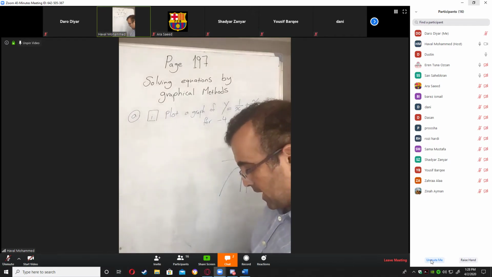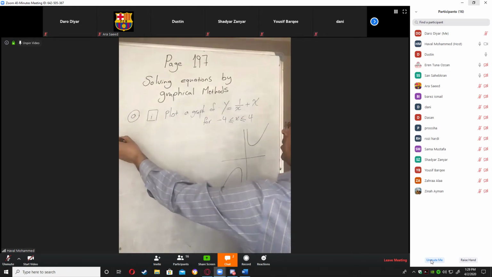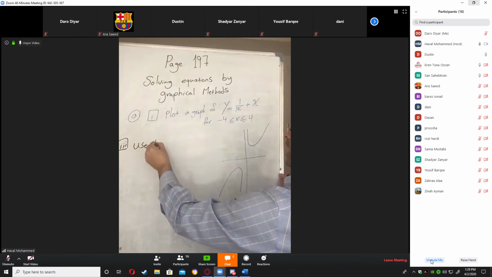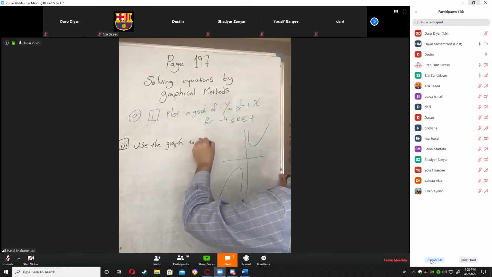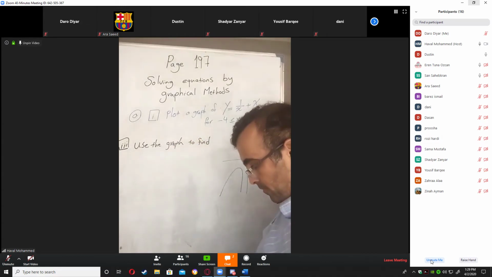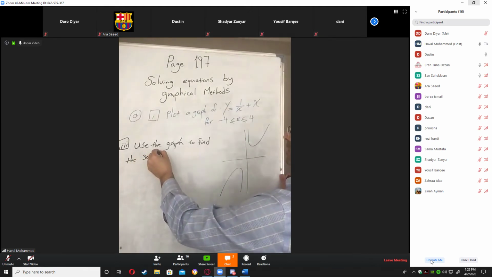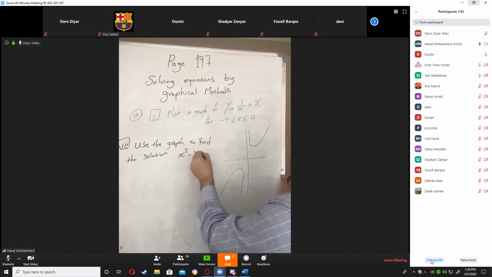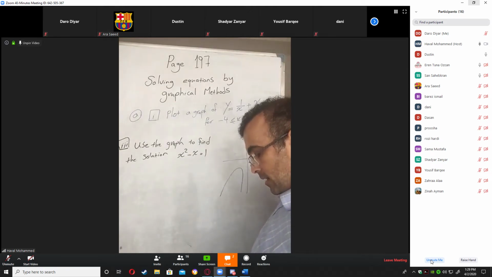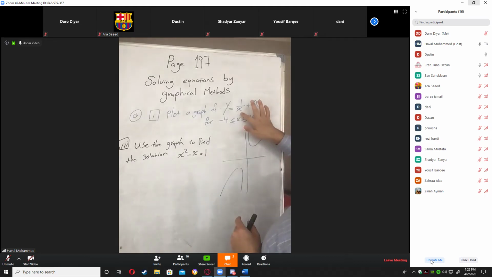Part (iii), what is it saying? Use the graph to find the solution of x squared minus x equals 1. Again, we need to manipulate this one. Compare to that: what do I have here? 1 over x.